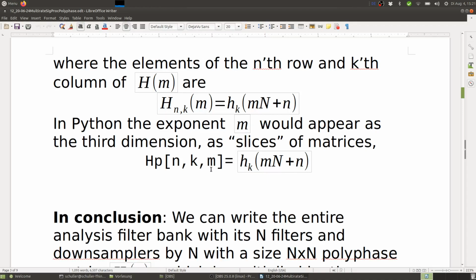So here we have block index m, and here we have the matrix indices. Here the phase index n, and here the subband index k, and they contain those elements. So this is how you would implement it in Python. You would get basically slices of matrices where each slice corresponds to one of the m's.